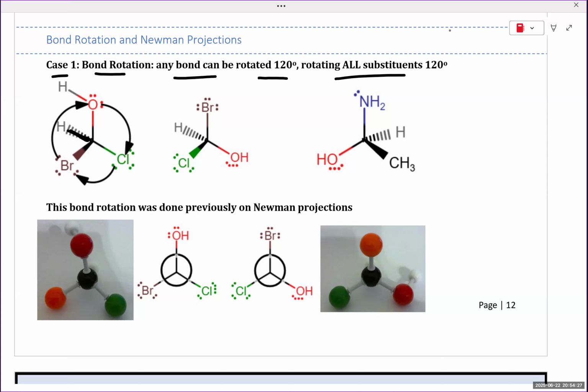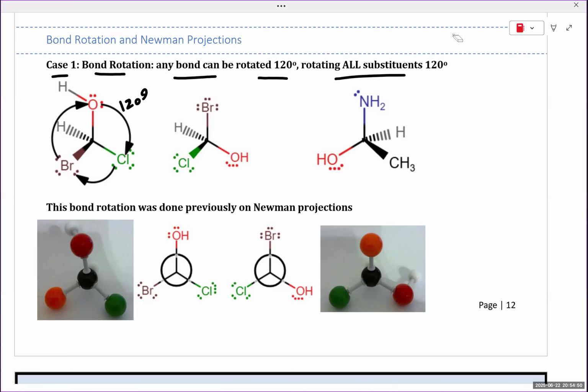If I rotate all my substituents 120 degrees, just like I'm turning my steering wheel, in this case making a right turn, rotating all of my substituents clockwise, we see that the bromine is now in the top position, the alcohol is on the right, the chlorine's on the left.